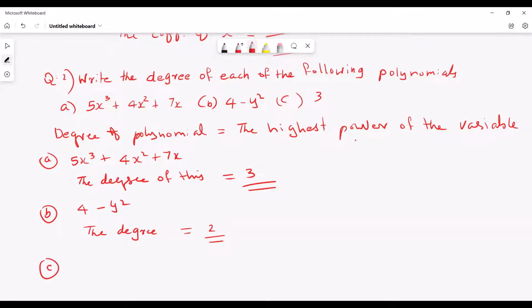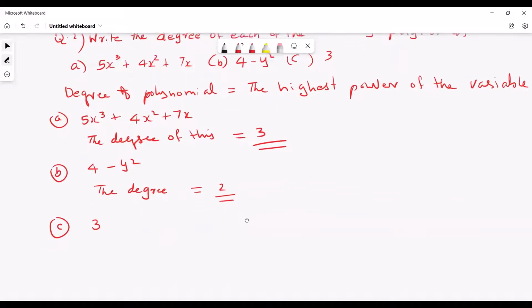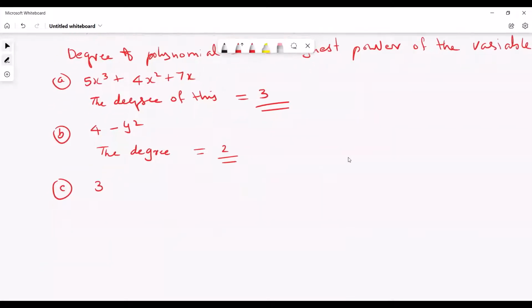Question number 3, we are having only 3. No variable is given here. So how can we find the degree of this? In this case, if only a constant is given, see, given is 3. This 3 we can write as 3x raised to 0.